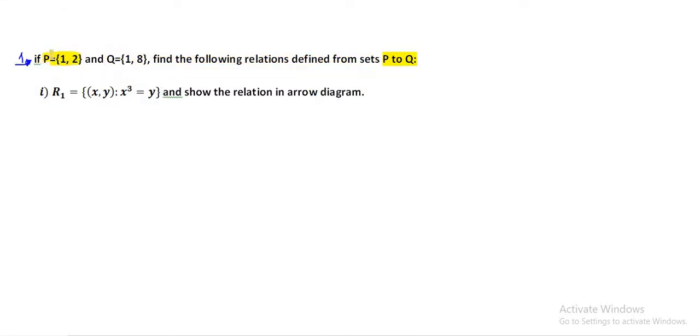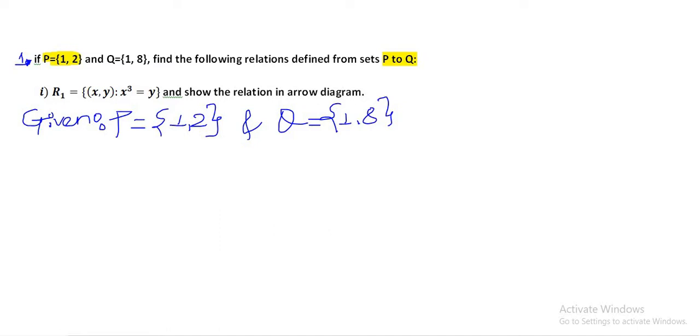Let's begin the solution of this question. We are given P equals {1, 2} and Q equals {1, 8}. Now we should find the Cartesian product from set P to Q, not Q and P, because our relation is defined from set P to Q. So P is equal to {1, 2} and Q is equal to {1, 8}.